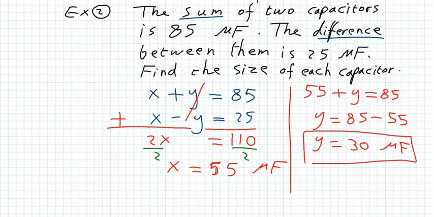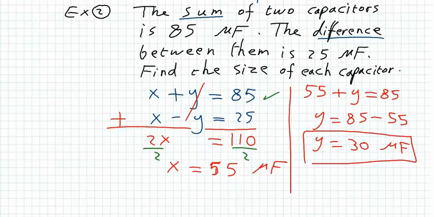You can check this solution by substituting the values of x and y in the first equation. 55 plus 30 is equal to 85, and that is correct.